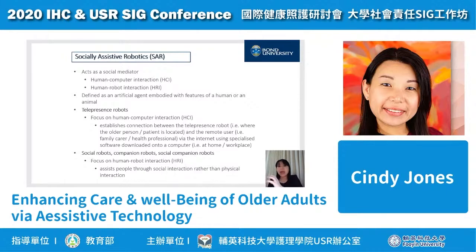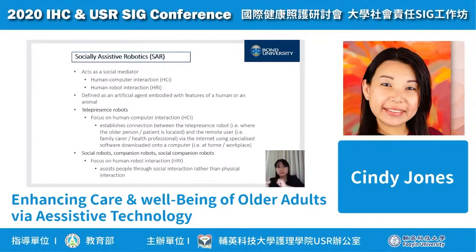And what happens is a remote user, usually a family carer or a health professional, via the internet, using specialized software that is downloaded on their computer, at home or at a workplace, will then establish a connection with the older person or the patient via the telepresence robot itself.